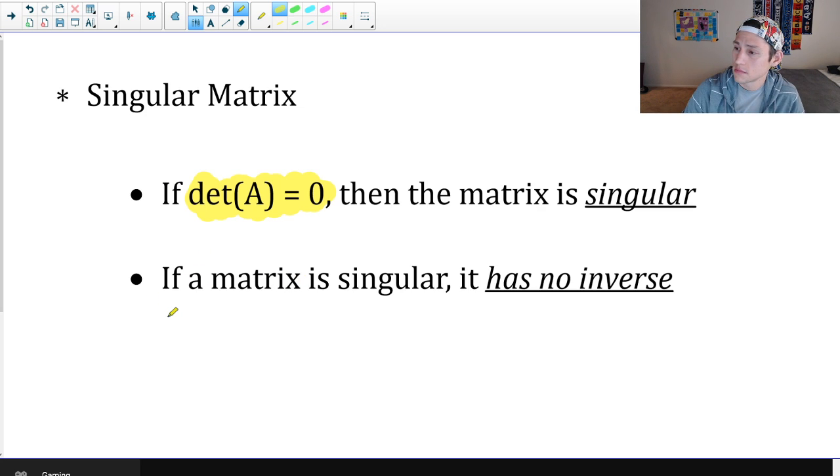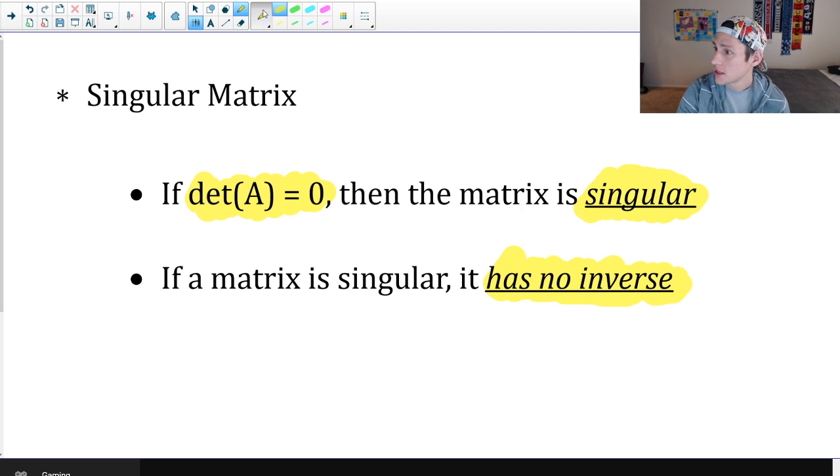Okay, so what does that mean? Again, we know if it's 0, then we say it's singular. Now, if a matrix is singular, that means it has no inverse. Okay, so we're going to start talking about the idea of an inverse of a matrix.